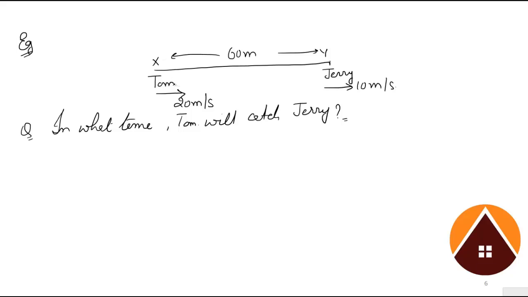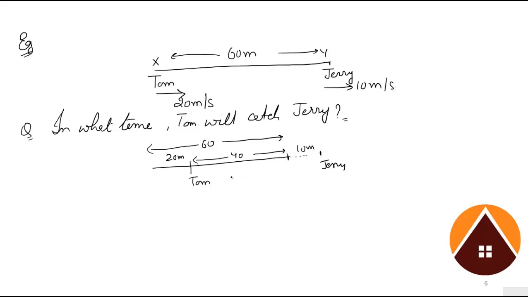What happens in 1 second? In 1 second, Tom comes 20 meter and this mark is 60, okay? And in the same 1 second, Jerry will advance and come to some point which is 10 meter. So Jerry will be here. So if this is 20, this part remains 40.